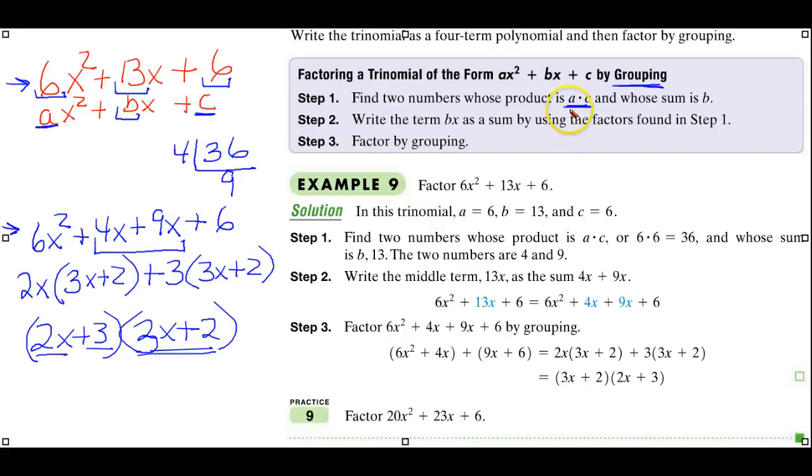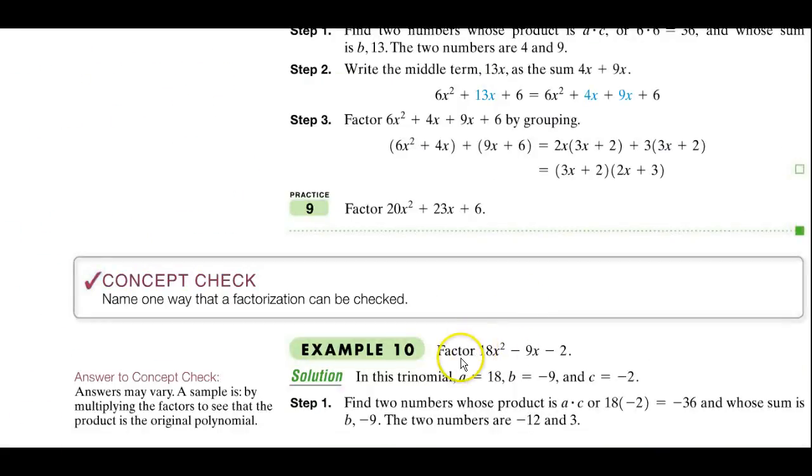This is called the AC method, or factoring a trinomial by grouping. But you had to figure out what were the factors of A times C to give you that middle term, and then rewriting it as a 4-term polynomial. We'll do example 10 on the next page.